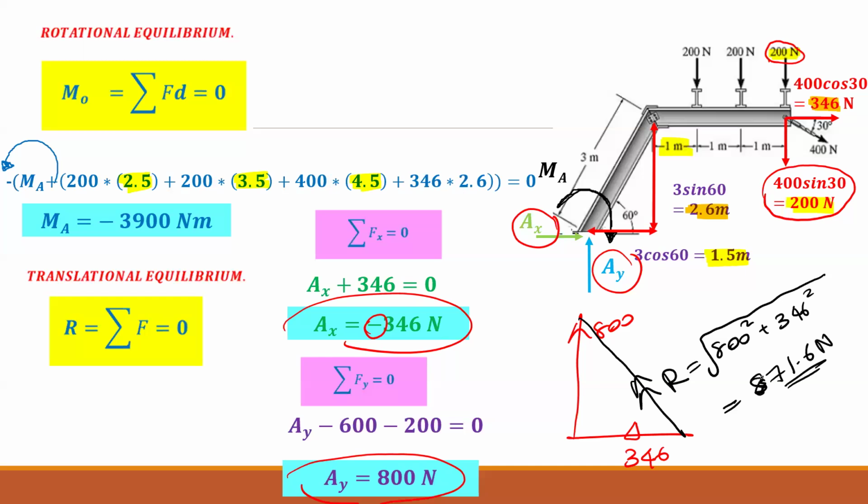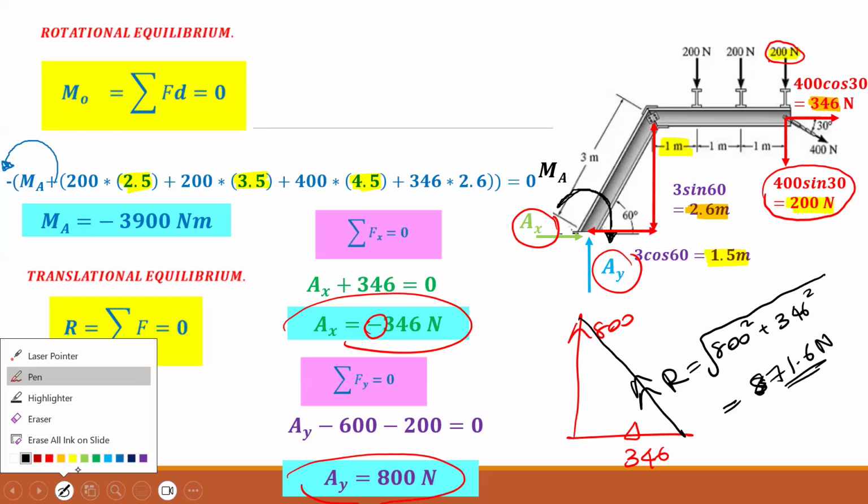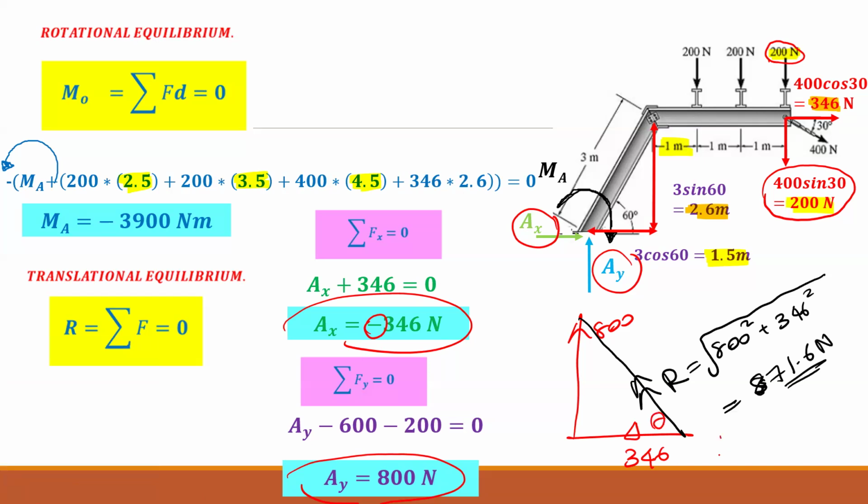And magnitude is not enough. We need to find the direction, which is this theta. So tan theta is opposite, which is 800 over 346. So if you take the tan inverse of 800 divided by 346, which is 66.6 something, or 66 degrees 36 minutes. So we can say 66.6.